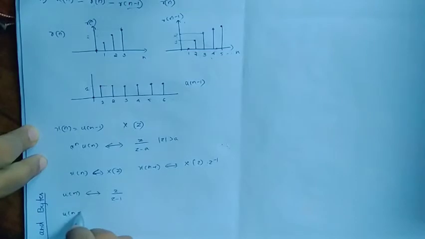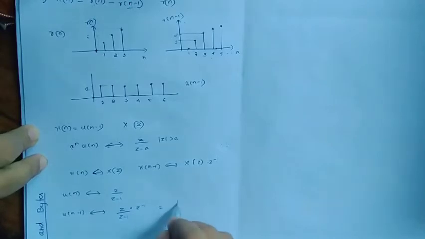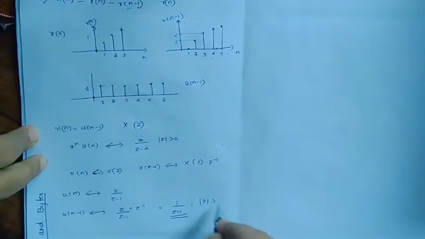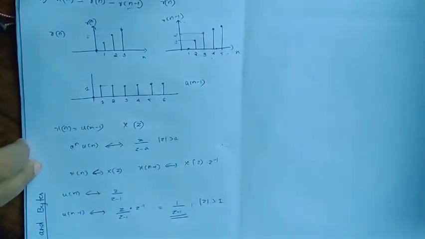So u of n minus 1 will be having a Z transform of z divided by z minus 1 into z raised to minus 1. That is equal to 1 divided by z minus 1 with ROC modulus of z greater than 1. Okay, so that's the answer, option number A.